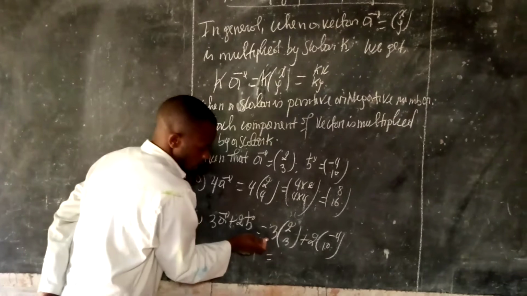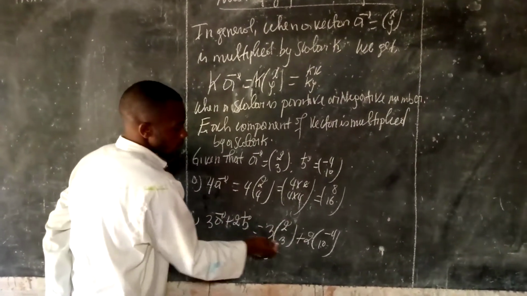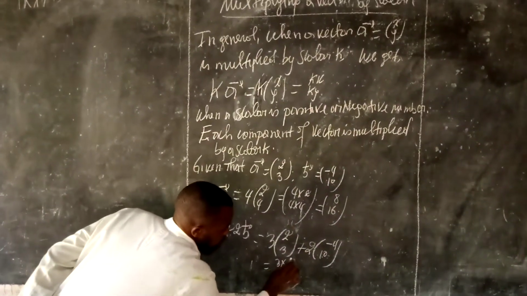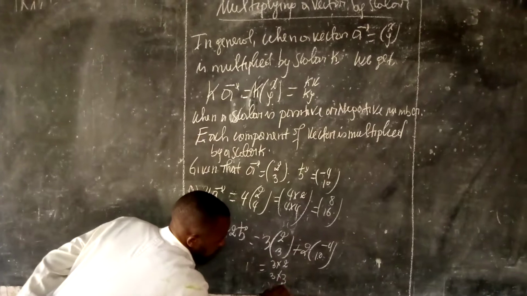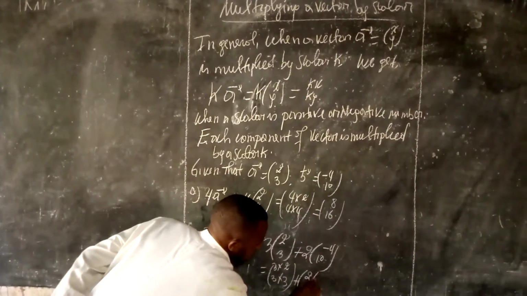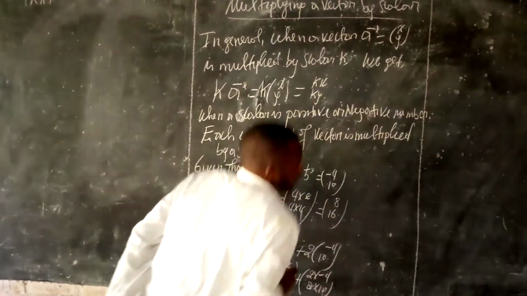Remember that the multiplication of a vector and a scalar always multiplies each component of the vector by the scalar. We get 3 times 2, 3 times 3, plus 2 times -4, and 2 times 10.